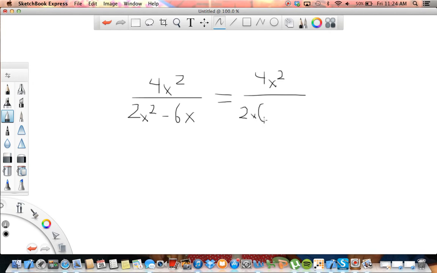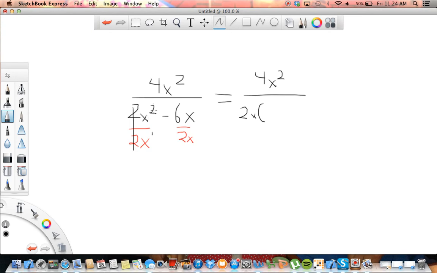Okay? So now what we have to do is come back over here and divide each term by the greatest common factor that we just pulled out. So we're going to divide by 2x on both of those. And what is that going to leave me with? Well, again, 2 divided by 2 cancels out. x squared divided by x to the first power. Remember, with the rules of exponents, if they have the same base, you can subtract the exponents when you're dividing them.